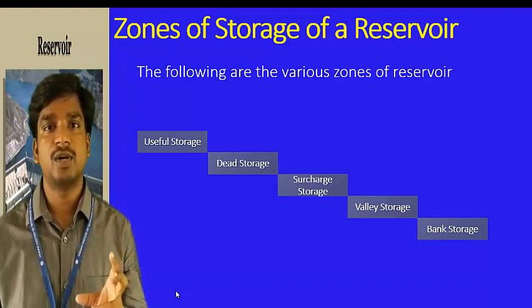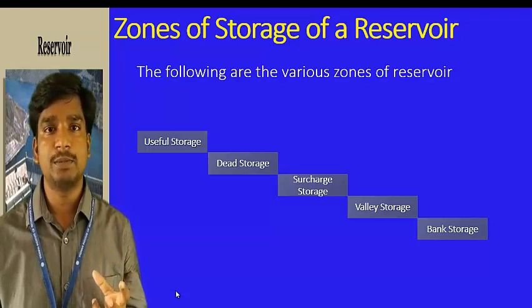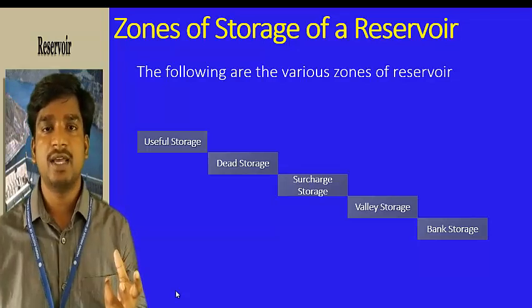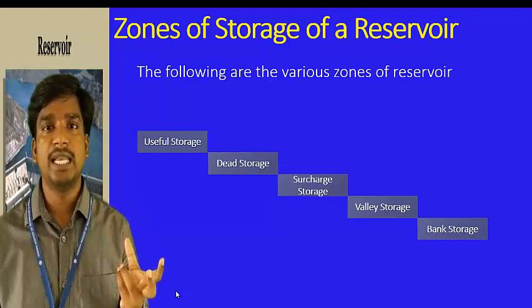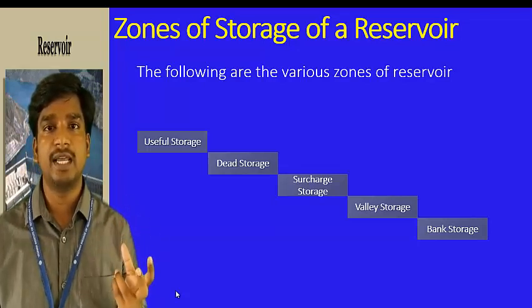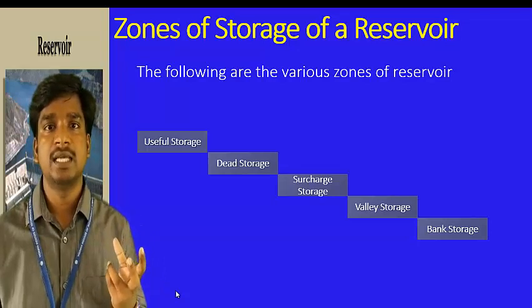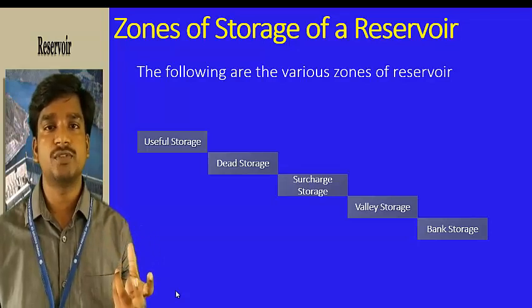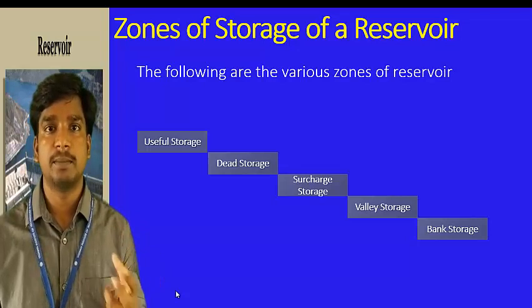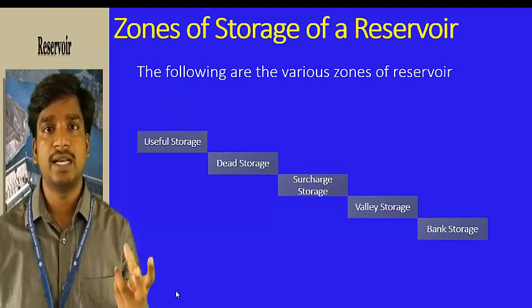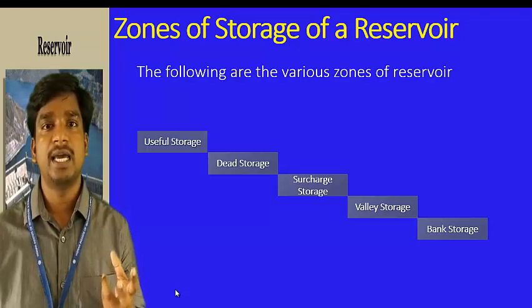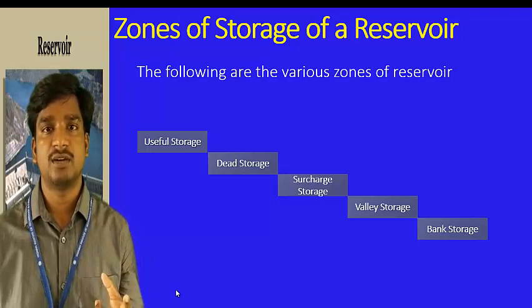This flood control reservoir is again divided into two types: one is the retarding reservoir and the second is the retention reservoir. The major difference is that spillways as well as sluiceways are provided in both reservoirs, but gates are not provided in the retarding reservoir, and gates are provided in the retention reservoir.